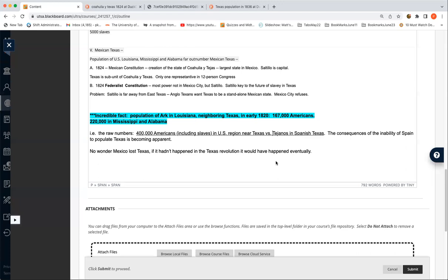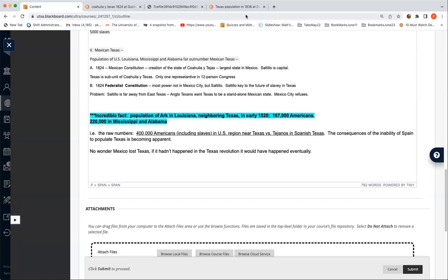But that's a story that I'm going to tell over the next couple of weeks. I just want you to get a sense of just what kind of terrible shape Texas is in by 1820, by the end of the Spanish period, and how miserably the Spanish had failed to populate this region. Although, of course, as I've said many times, the legacy of Spain remains in Texas.